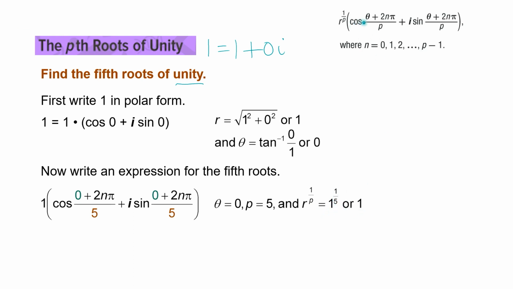Then cos of (theta plus 2n pi over p), where theta is 0 and p is again 5, plus i sin of (0 plus 2n pi by 5), which on simplification gives us this expression. Now the values of n we take from 0, 1, 2 up to 5 minus 1, which is 4. So the values will be 0, 1, 2, 3, 4.